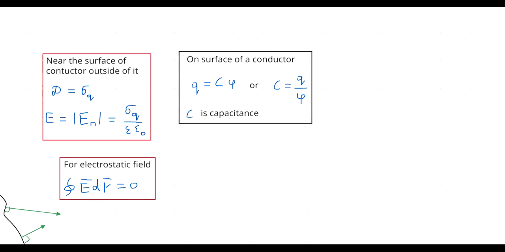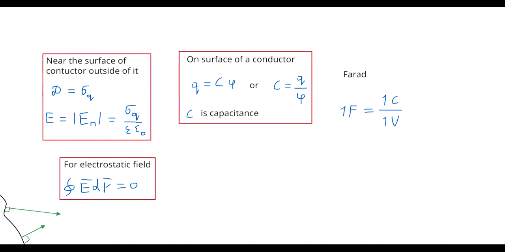And from the word farad, a farad is a unit of capacitance, and according to this definition, 1 farad is equal to 1 coulomb divided by 1 volt.